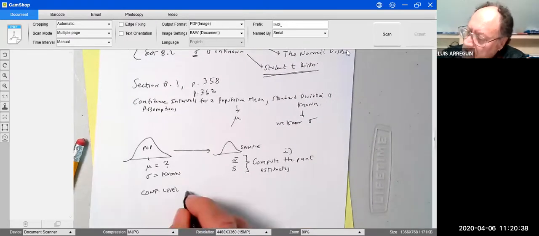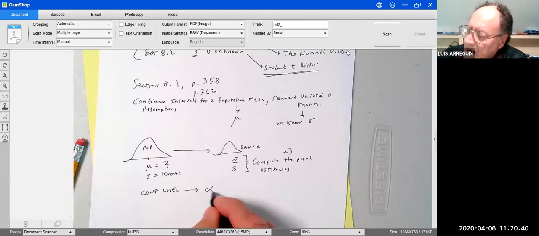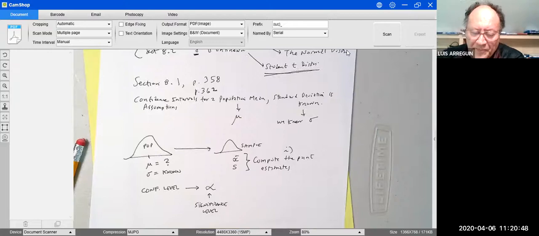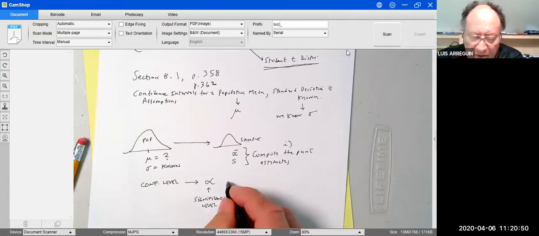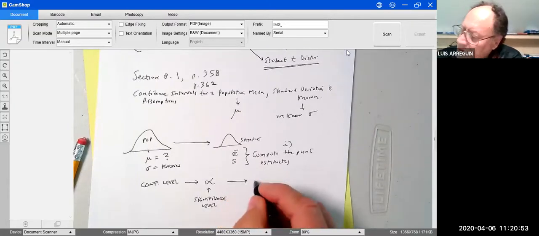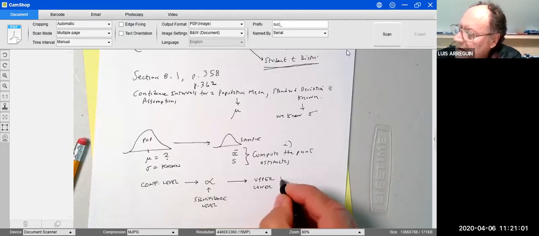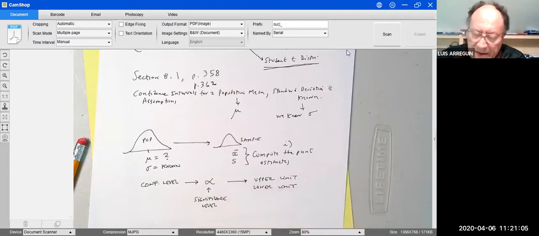With the confidence level, you're going to compute alpha, which is the significance level. And with that information, then you're going to go directly and compute your limits. You're going to compute the upper and the lower limits for our parameter. And that's it.